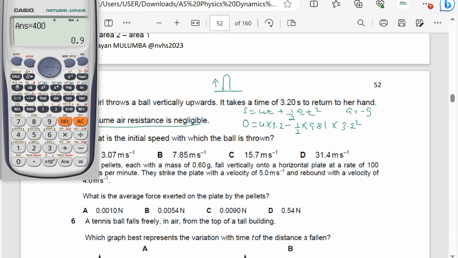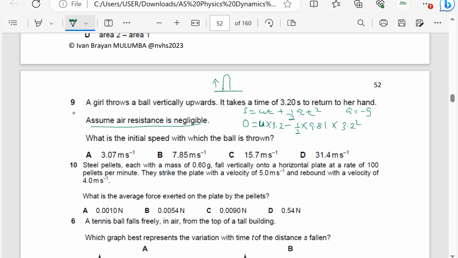I'm taking one quantity to the other side: 0.5 times 9.81 times 3.2 squared on one side, then divide by 3.2. This gives me 15.7 for u. I made u the subject, so u is 15.7 meters per second. So the answer is going to be C.